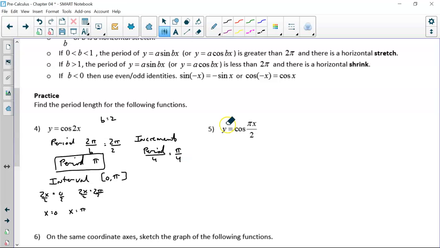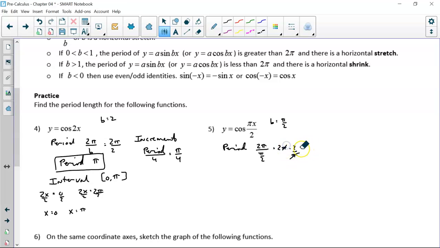Now for number 5, y equals the cosine of pi over 2 x. So b is pi over 2. So the period is going to be 2 pi divided by pi over 2. We don't divide fractions, we multiply by the reciprocal. So it's 2 pi times the reciprocal, which is 2 over pi.